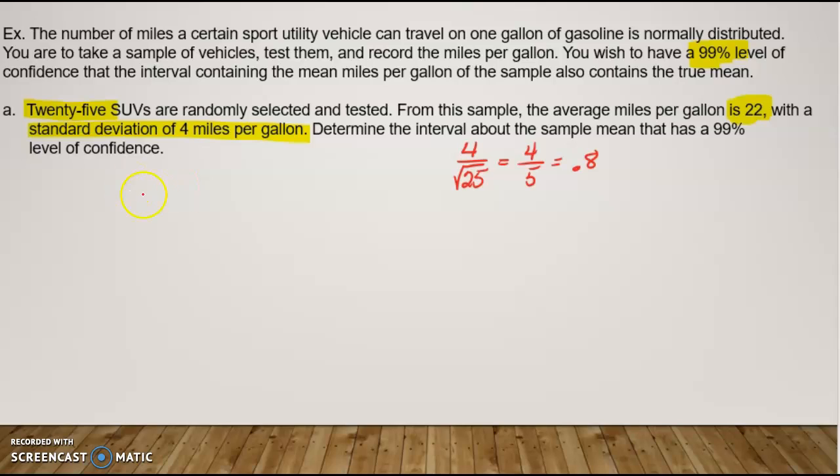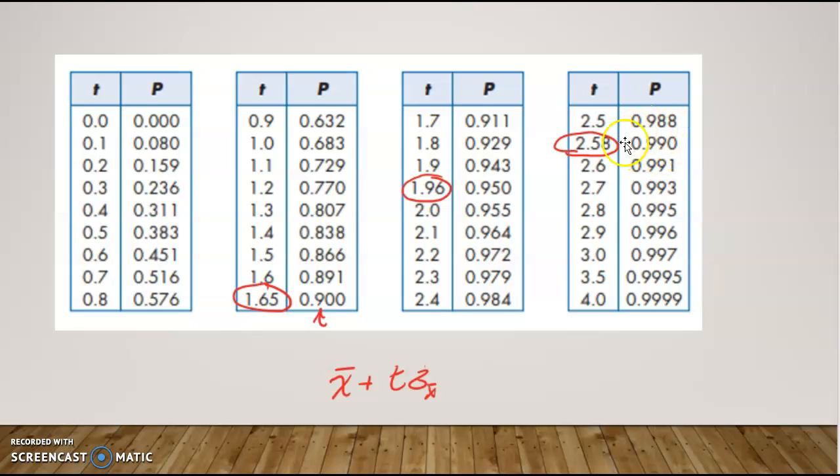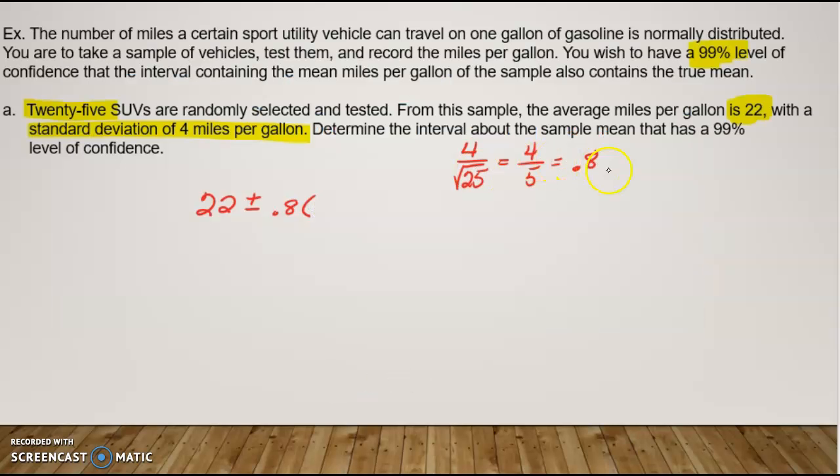Your mean, 22, is going to be plus or minus that 0.8 times, and when you go back here for the 99% level of confidence, it'll be a 2.58. That's what you're going to multiply by. That 0.8 times 2.58. Okay?